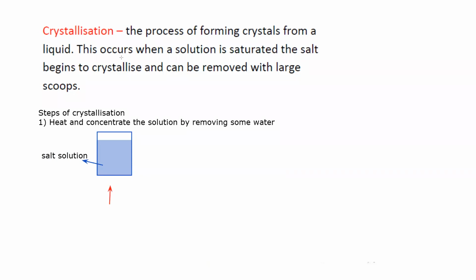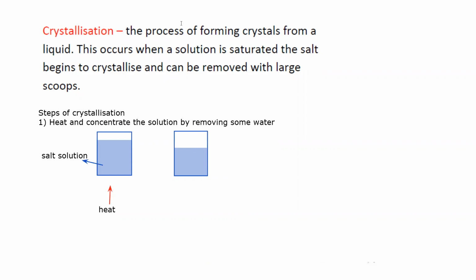So we supply heat energy. When we supply the heat energy, the liquid will evaporate, some of the liquid will escape, not all. Otherwise, if we remove all, we call that evaporation. But we remove some of the liquid, so some of the liquid has escaped, and we call that a concentrated solution.